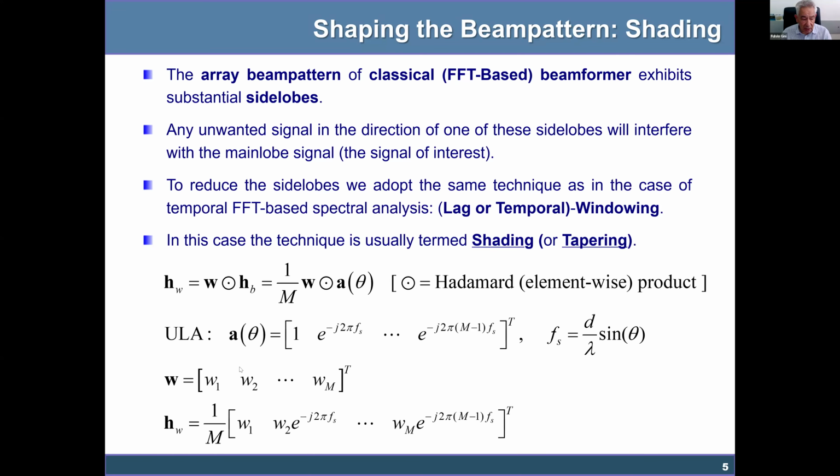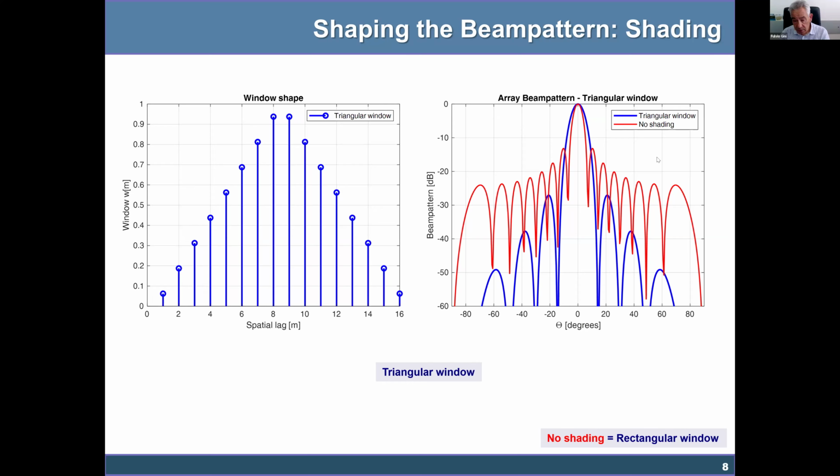So, for example, if instead of a rectangular window we use a triangular window, which has a smoother transition from the maximum to the minimum, what you get is a lowering of the side lobes. In blue, you find the transform in the angle domain of the window. And without shading, you have the transform of the rectangular window, which has better resolution, but worse side lobes.